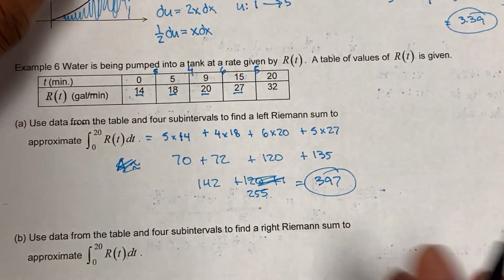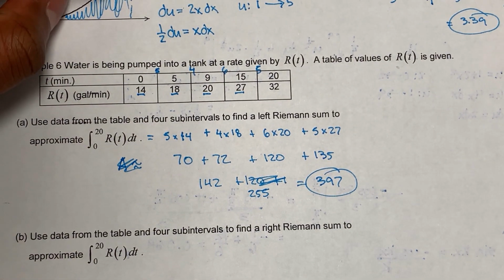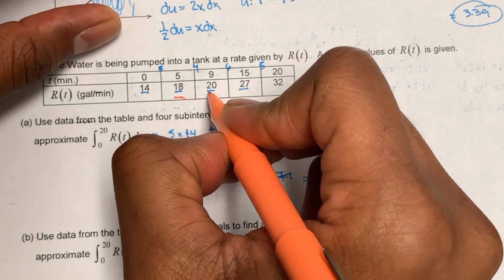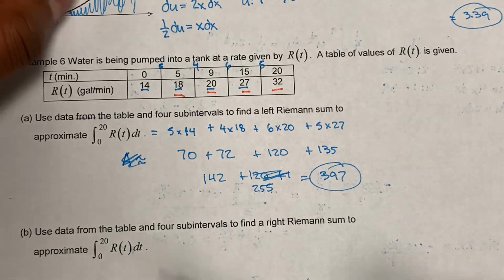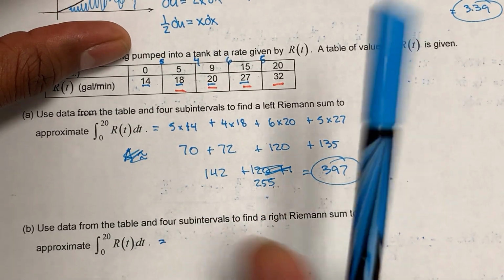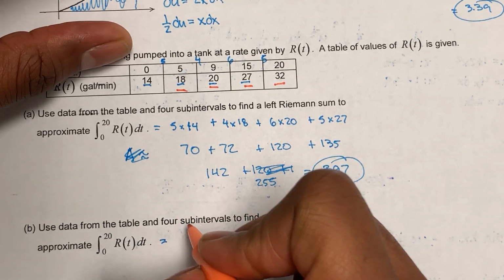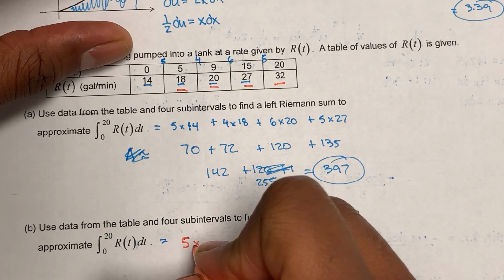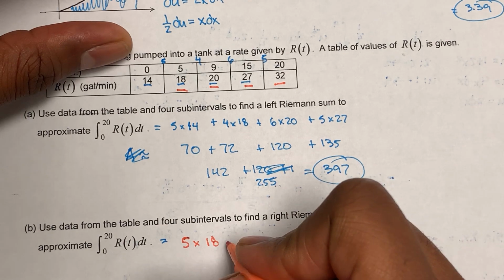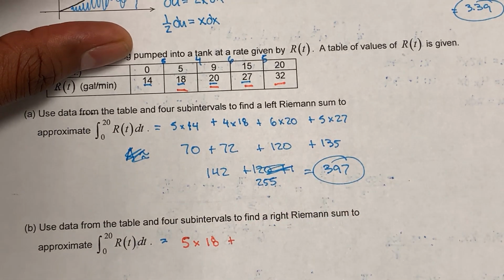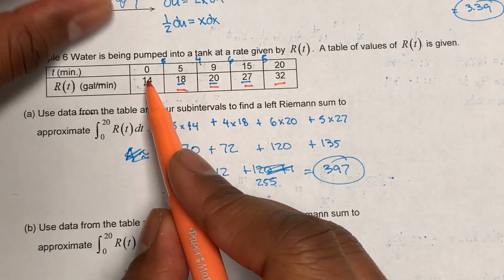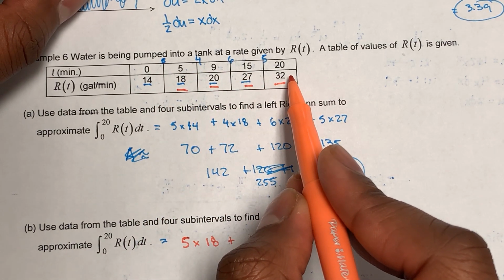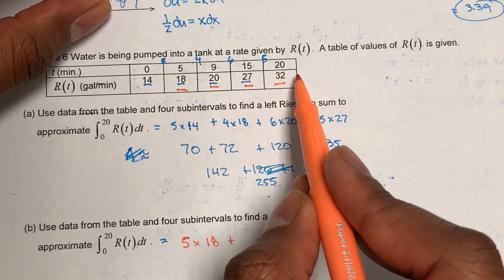So right endpoints are using the right y values, basically excluding the first. So the area is going to equal 5 times 18 plus 4 times 20 plus 6 times 27 plus 5 times 32. Now we expect this to be an overestimate because the function is increasing. We notice that the values strictly go up.